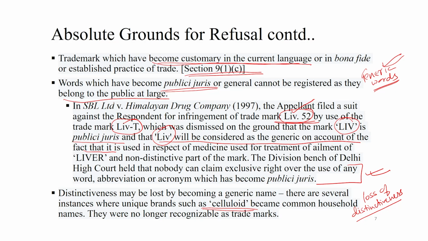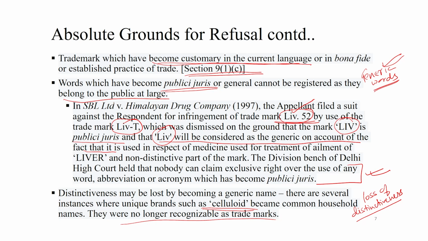And if a word becomes a generic word, then it can no longer be recognized as a registered trademark. Try and understand. A generic word cannot be a trademark. A generic word cannot be registered as a trademark. A registered trademark, if that mark becomes a generic word, it will lose its registration.